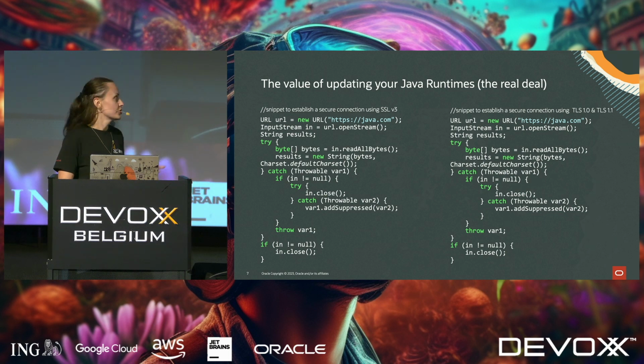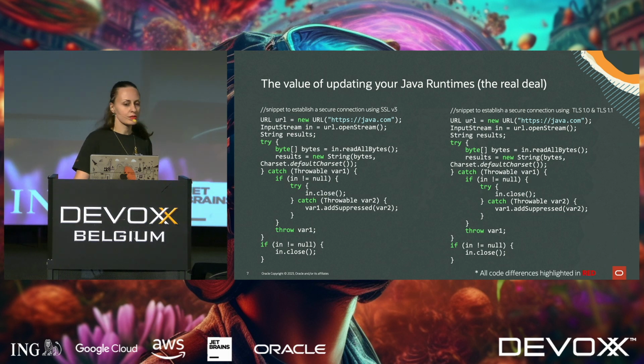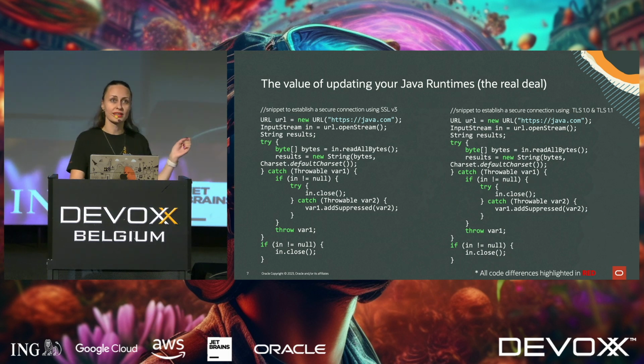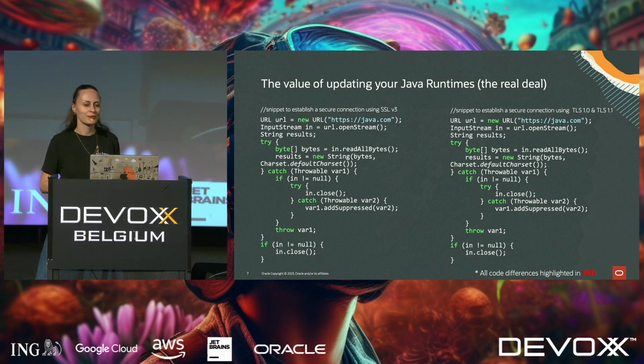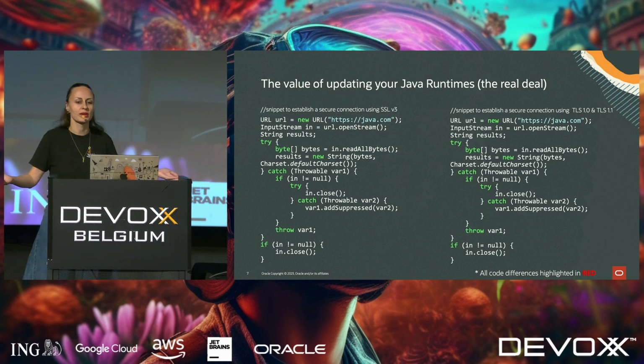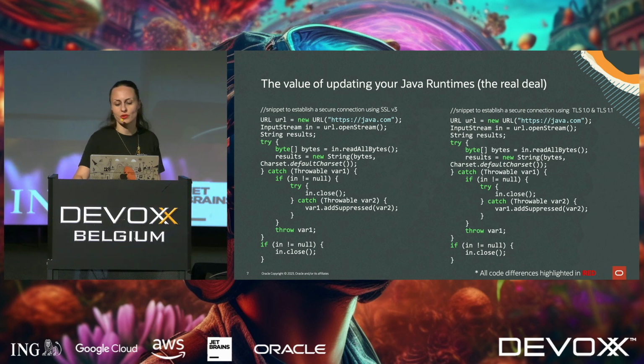And of course, you have to change your application, and you can spot the differences in red, what you had to change. Can somebody tell me what the differences are? Yeah, somebody said there are no differences. It's the same code. Because just updating the runtime would make you use the same old code with TLS 1.0 and TLS 1.1. That was a very, very happy scenario, right?